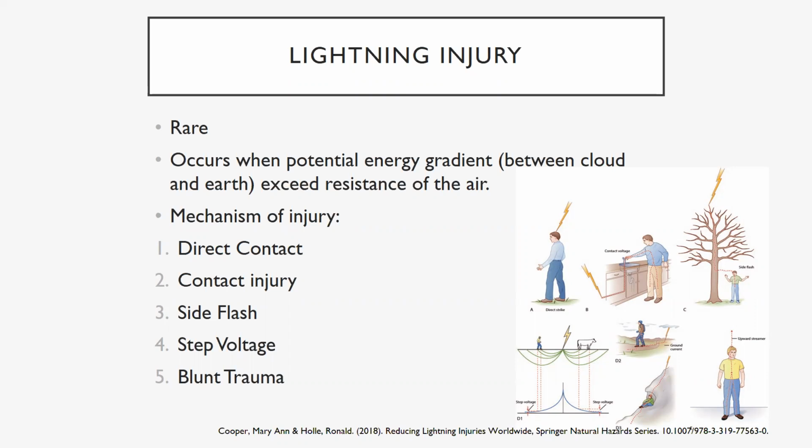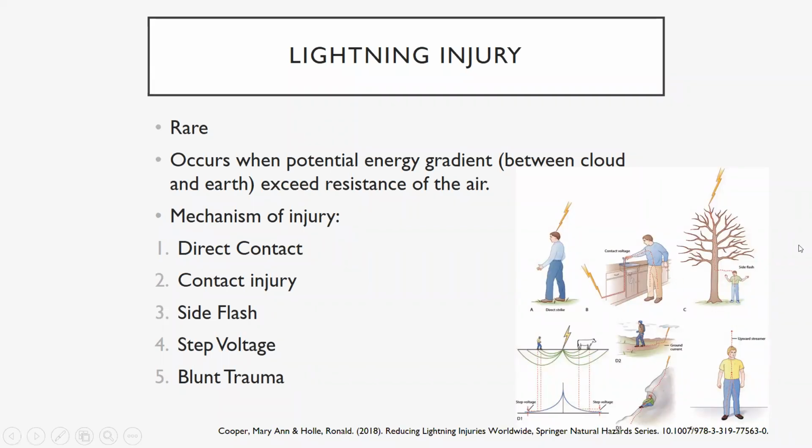Contact injury is where the victim is touching something that was hit by lightning, be it a car or any metal object which conducted the electricity. You can have side flash, where the energy from the strike itself is diverted to a patient who happens to be in the vicinity. And then step voltage is blunt trauma.